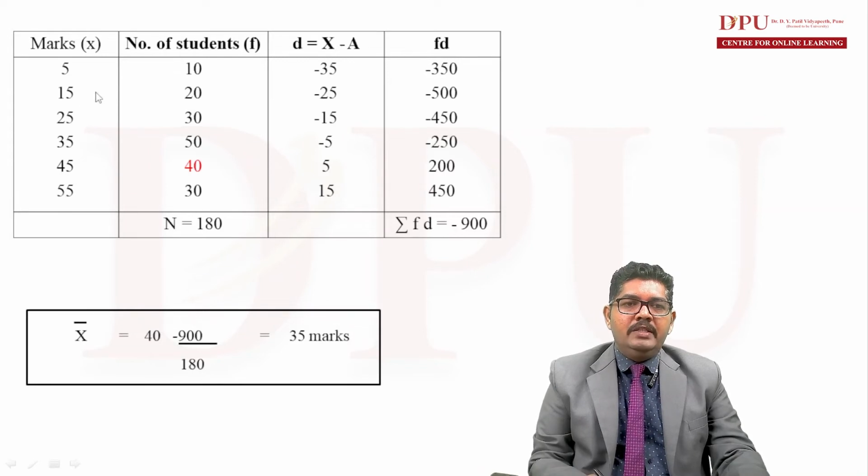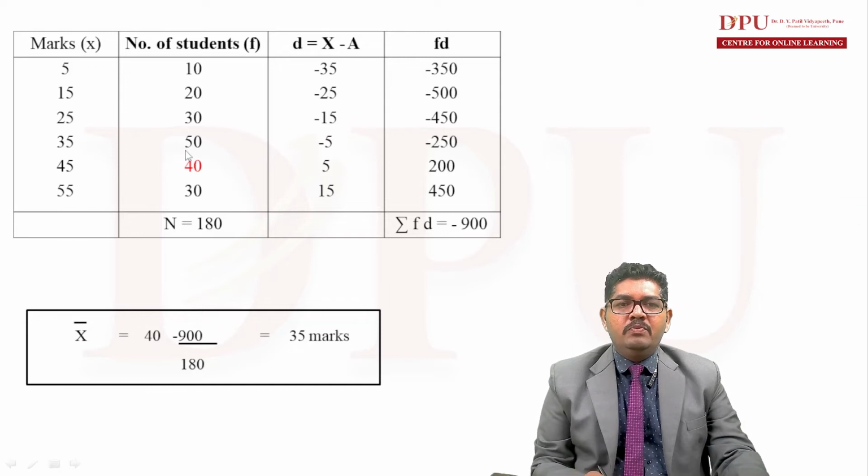So marks are given, discrete marks, frequency is given, and 40 is the assumed mean. So we calculate deviations about the assumed mean. So 5 minus 40 is minus 35. Then 15 minus 40 is minus 25. Okay, let me check once again. 5 minus 40 is minus 35, 15 minus 40 is minus 25, 25 minus 40 is minus 15, 35 minus 40 is minus 5, 45 minus 40 is 5, and 55 minus 40 is 15.